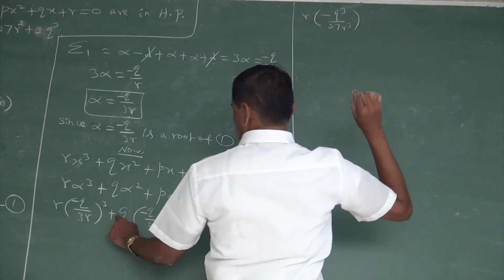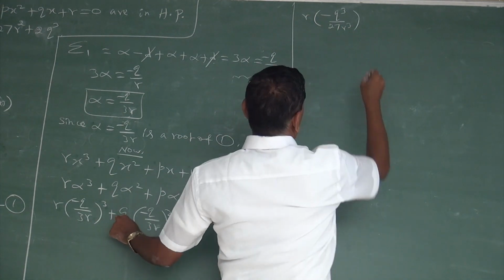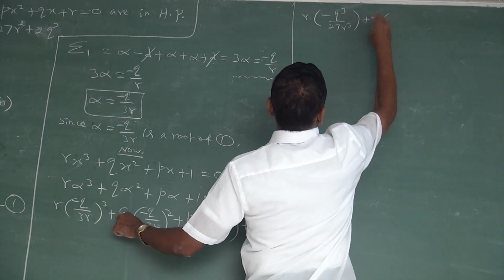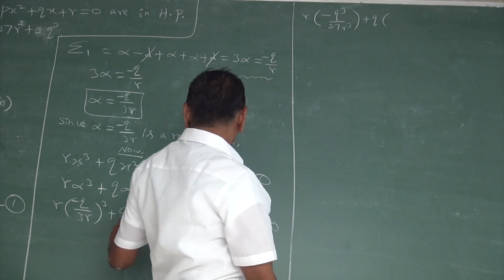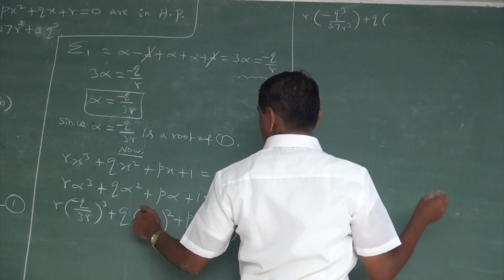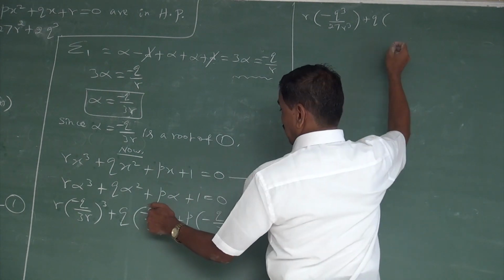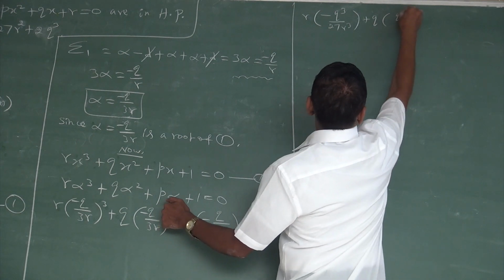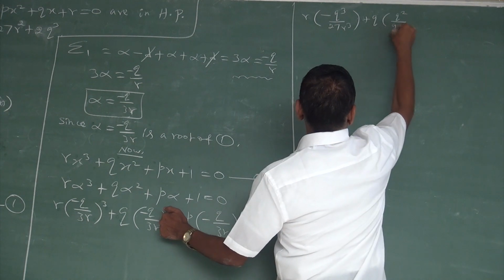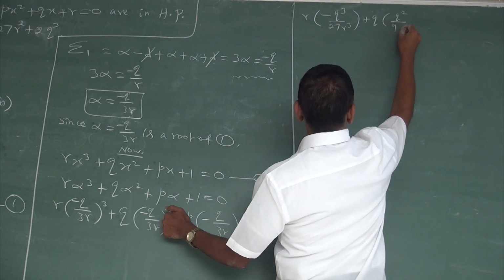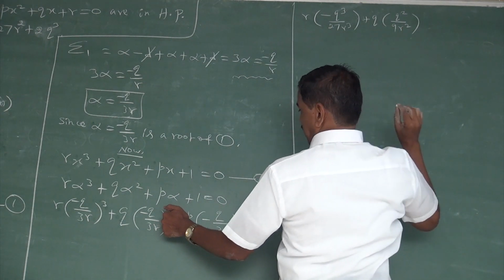Next step, q into what? Good, q square by 9r square. Yes, correct, because minus the whole square equal to plus, and q square divided by 3 square equal to 9, and r the whole square is r square, so 9r square is correct.